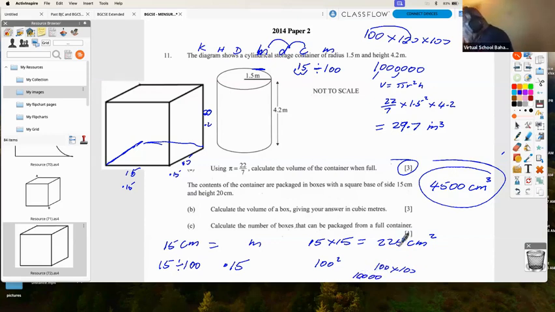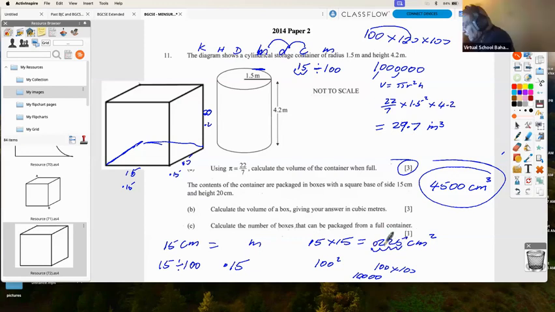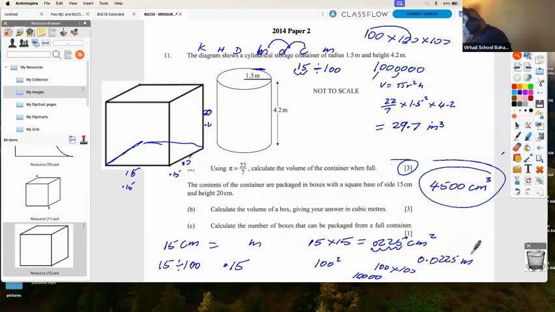So if I divide this by 10,000, I have to move the decimal 1, 2, 3, 4, right? So I have to put a 0 there. So I will get 0.0225 meter squared. Remember, you're getting smaller now, you know.